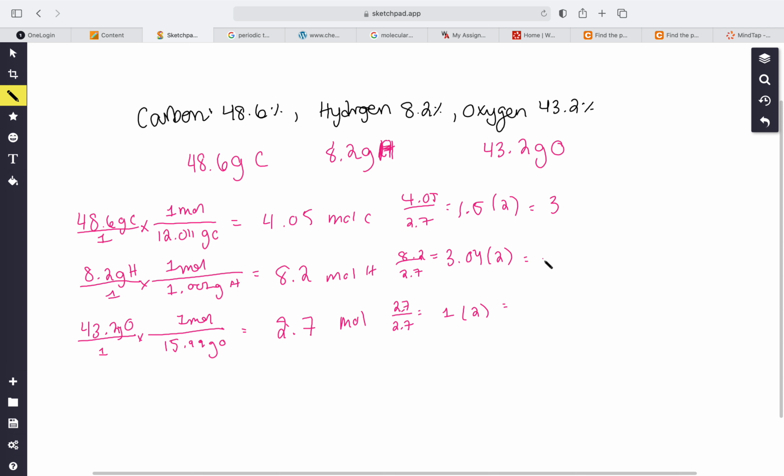And we're going to get 3, 6, it's really 6.08, but we can disregard the 0.08, and then this is going to be 2. So our empirical formula is going to be C3H6O2, and I'm just going to check my answer against what Professor Sherlock had, and that is the answer he also had when he was doing this problem, so I'm going to go ahead and call that correct.